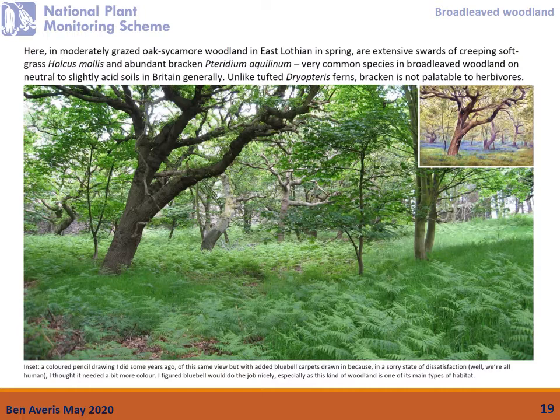Ground vegetation, mainly grasses and bracken. If it wasn't so grazed, we'd probably see more in the way of either tufted ferns, the Dryopteris, the buckler ferns, those kind of things, or other species such as bramble, honeysuckle, or greater woodrush.